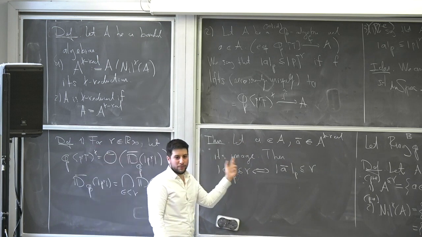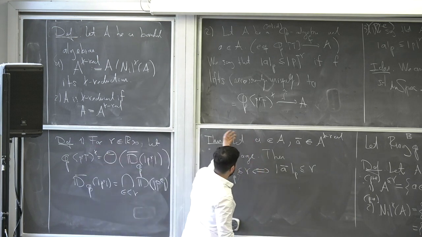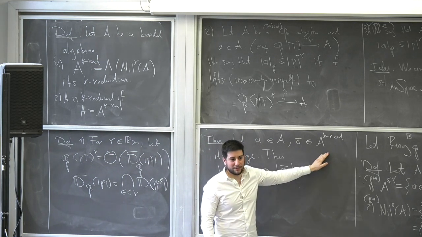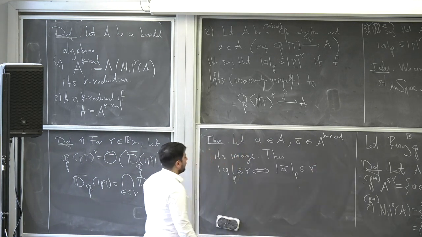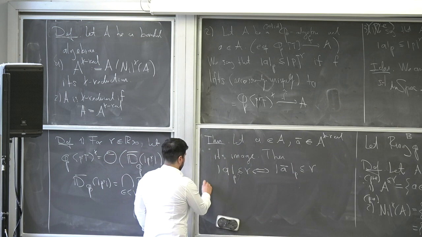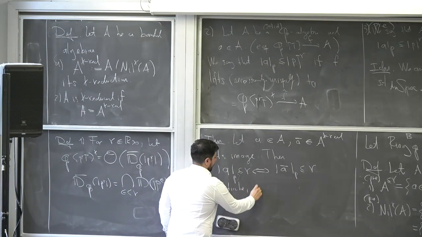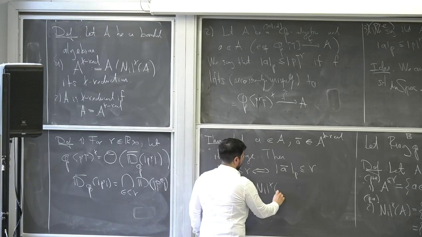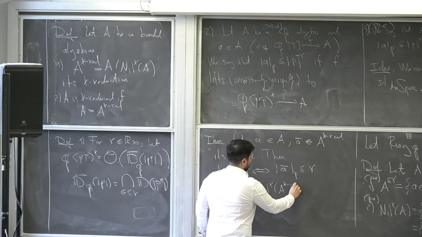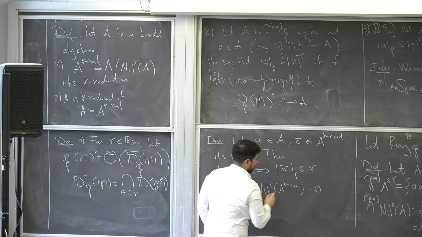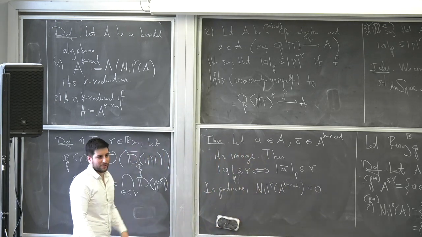So every possible way to do this with a certain norm is going to be the same as having it here. In particular, this radical, the reduction, 0. So actually, this is an idempotent construction.